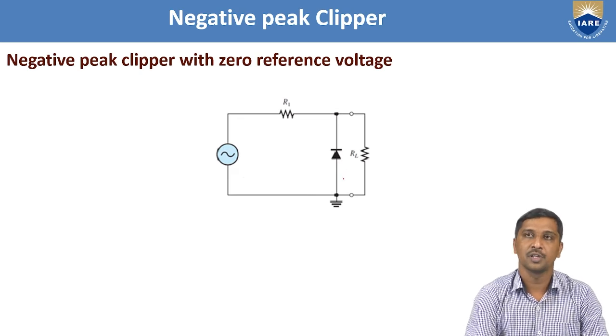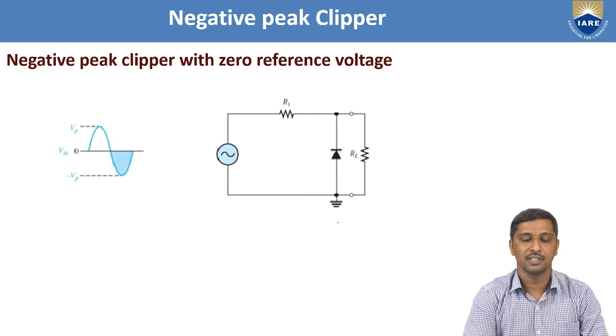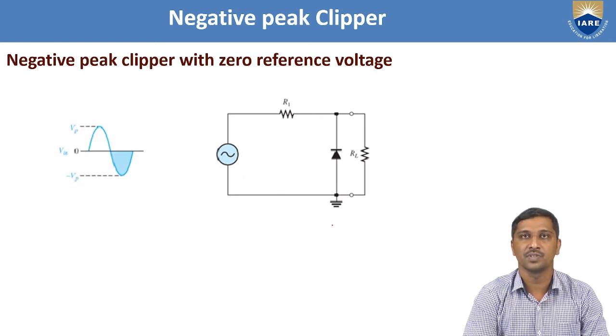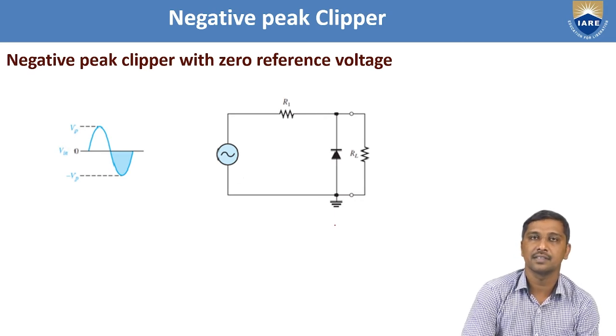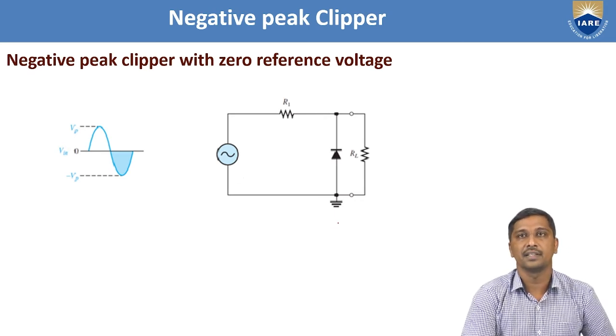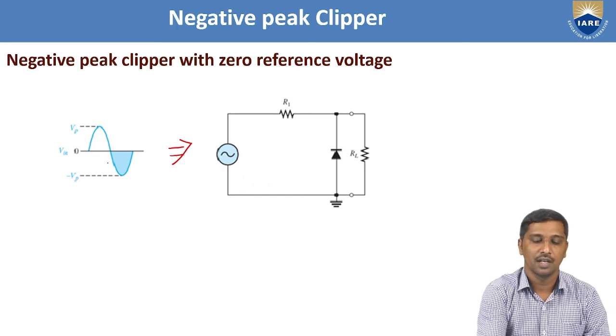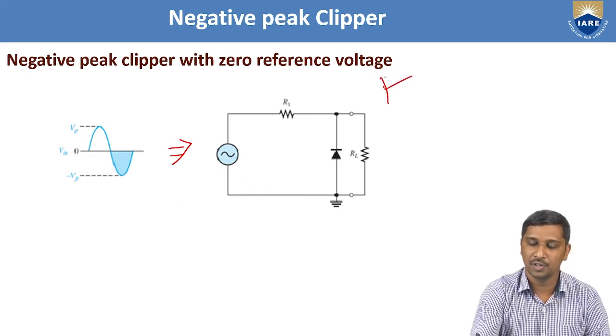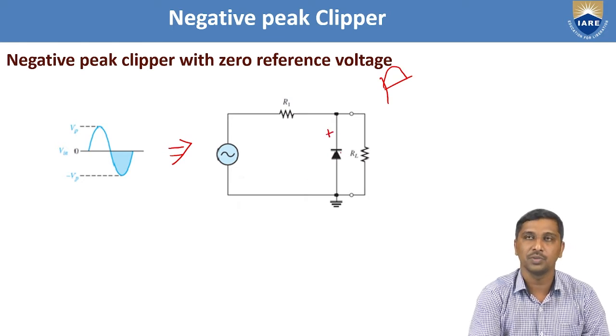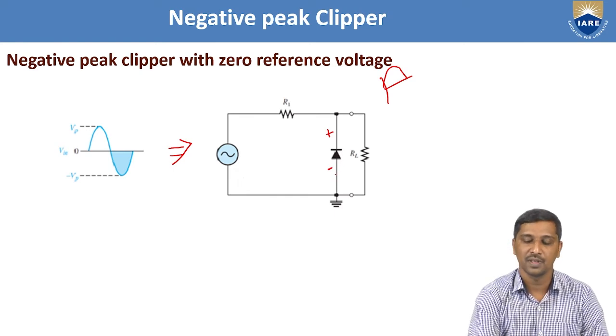Let us assume we are applying the input signal, which is Vp sine omega t. During the positive off cycle, the positive signal is connected to the cathode side with respect to the anode, meaning the anode is connected to the negative pole.